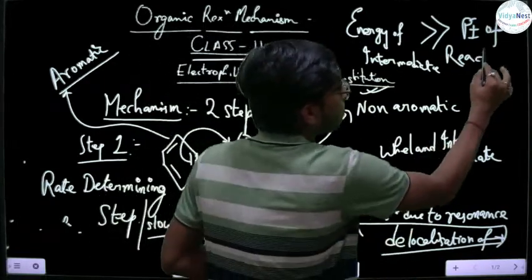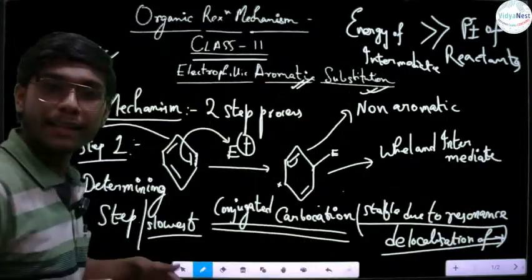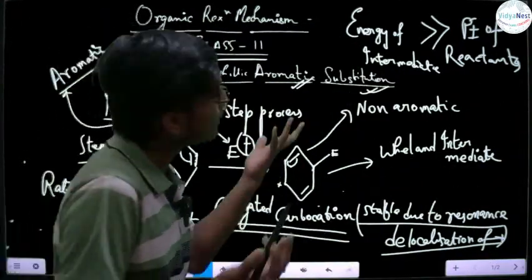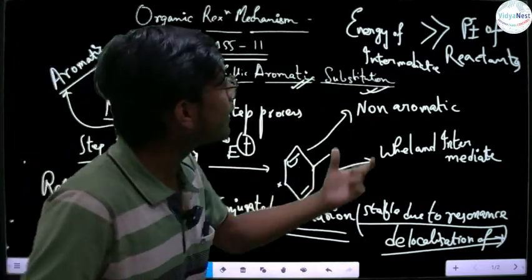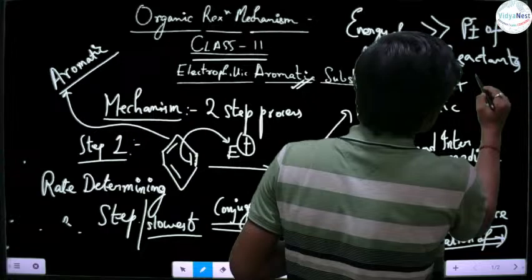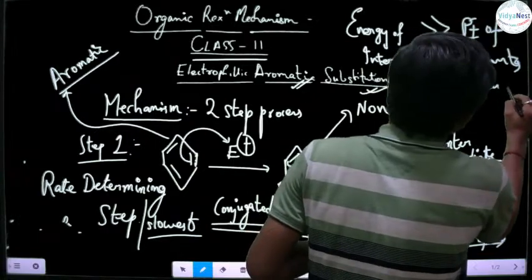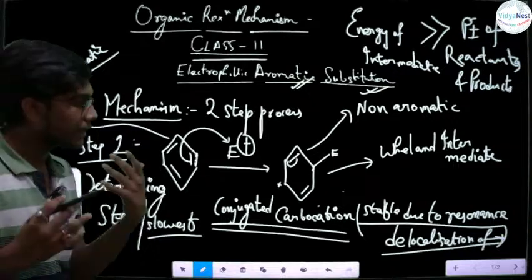Because the product formed, as we will see in step 2, will be aromatic again. So we will regain the aromaticity in this electrophilic substitution mechanism. However, the intermediate is non-aromatic, therefore it has a much higher energy than the reactants and products. So this was one important thing I needed to cover. If this is clear, then we will move on to the next page.